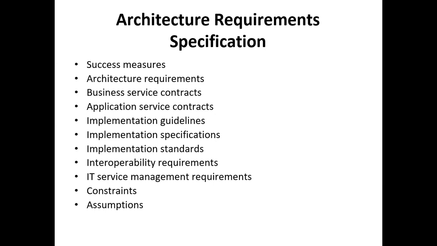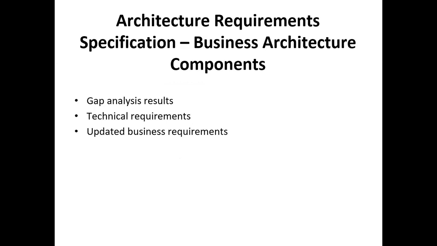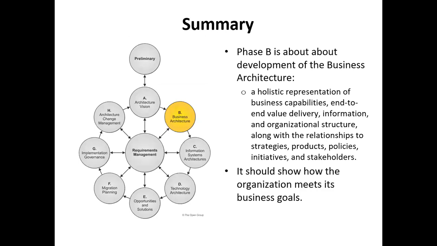More specific information. Measurable. Correct. So here we go. And summary for phase B. Have a look at this. It's about business architecture. It should be fine. And the same thing would be repeated in C and D.